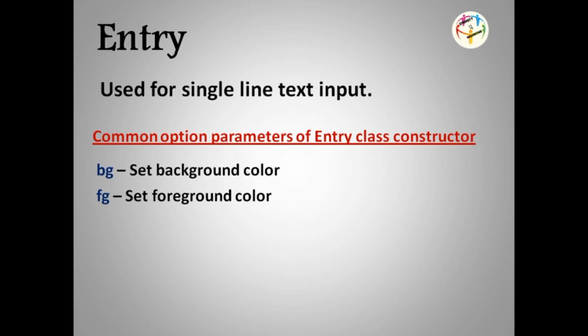Second, fg. Fg means we can set the foreground color or text color of the entry widget. Number 3, bd. It defines 3D border of the entry widget.